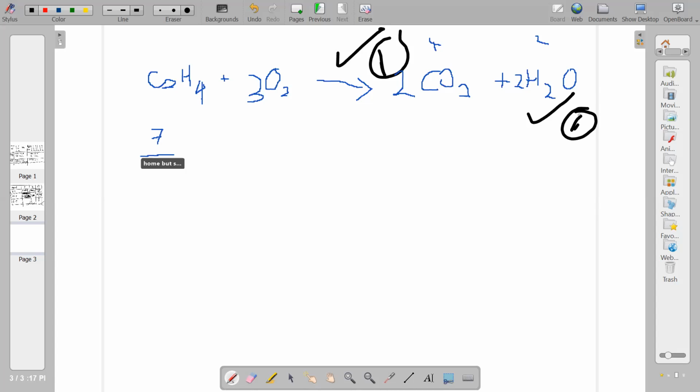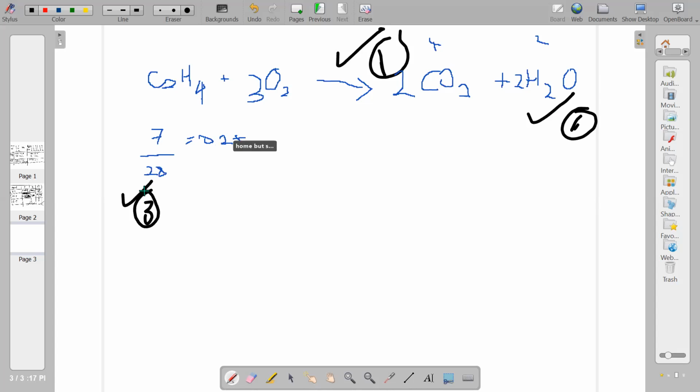So we use mass over molar mass. Molar mass of alkene is carbon, 12 times 2, 24, plus H4, which is 4, so it's 28. Then you get 0.25 mole for the alkene.